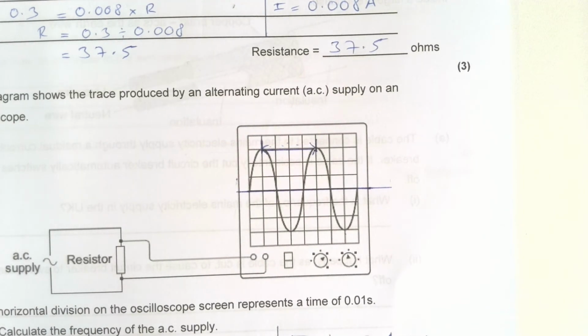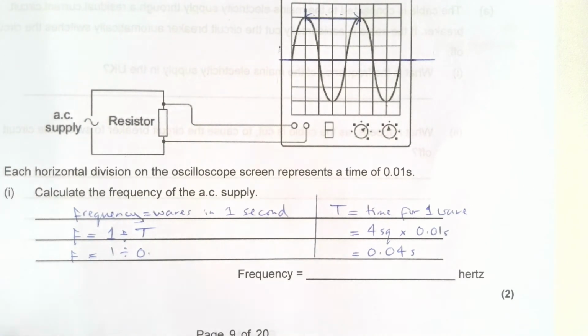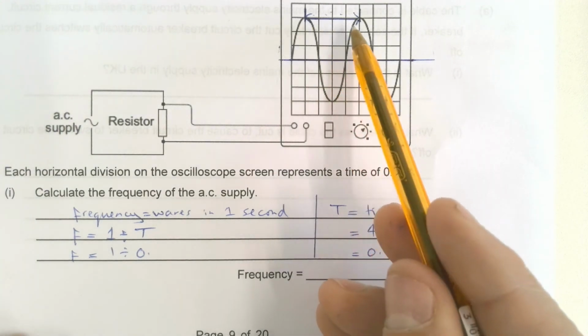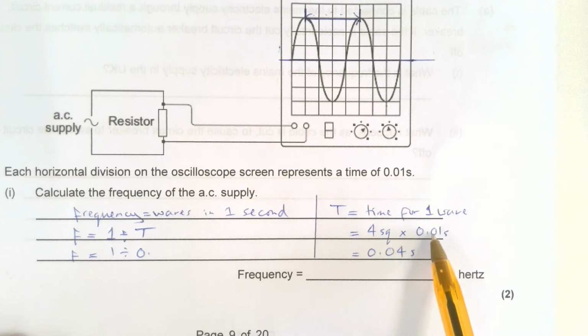Sorry, missing off the page. There we go. So 4 squares, I counted them across 1, 2, 3, 4. Each square is 0.01 seconds, which gives the time for one wave of 0.04 seconds.